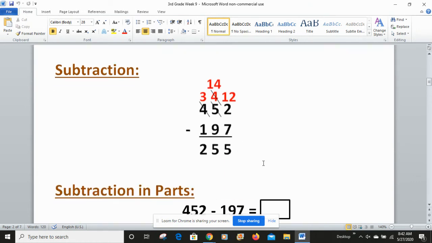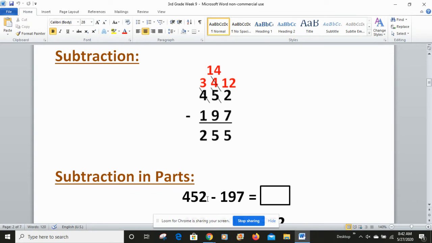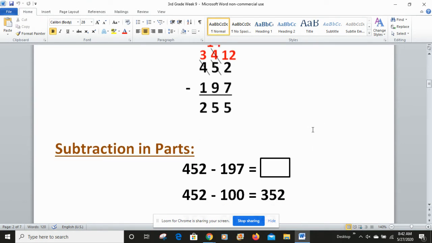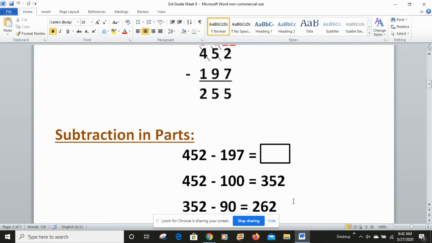There's another strategy that you can do. It's called subtraction in parts. I've got the same exact subtraction equation here, 452 minus 197. But what I've done is I've taken each one of the place values and I've subtracted them separately. So if I start with 452 and take away the 100, that leaves me 352 left.